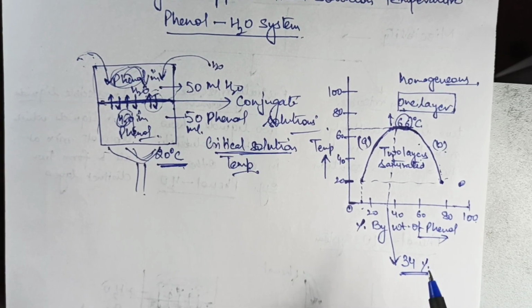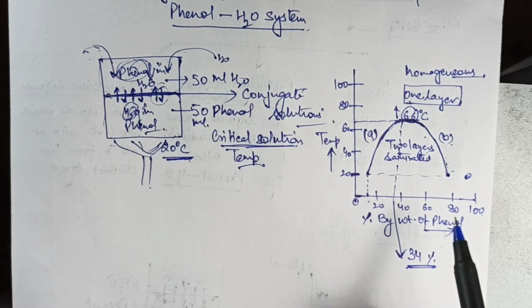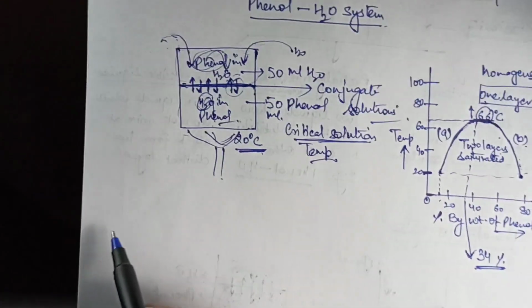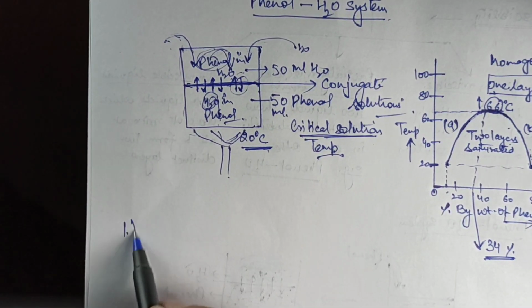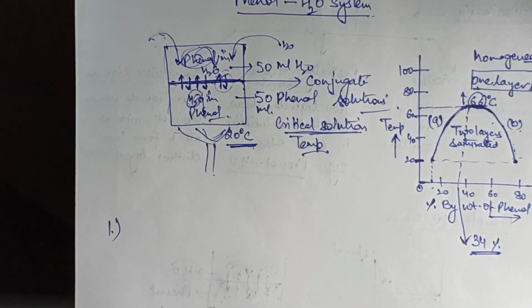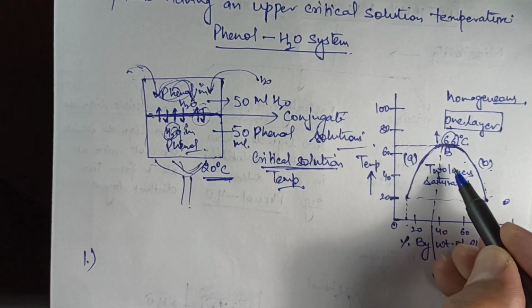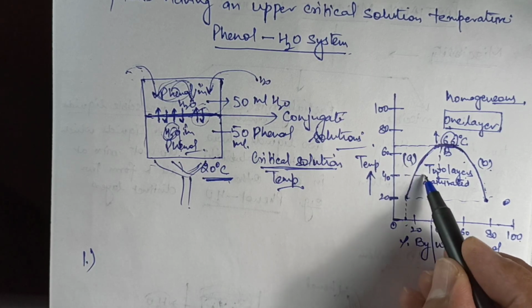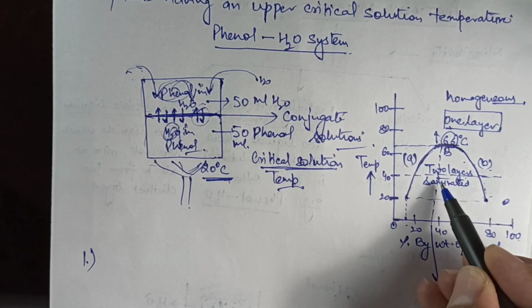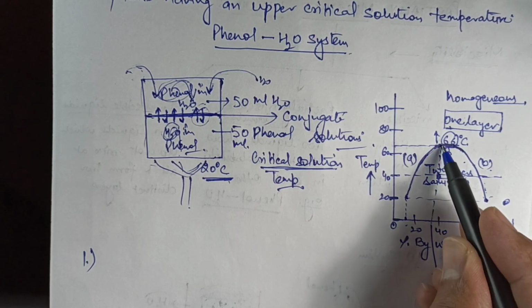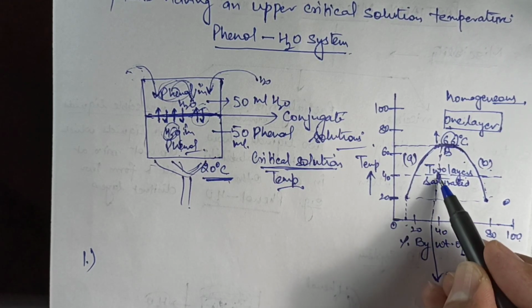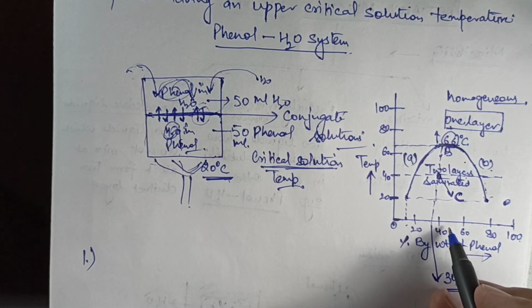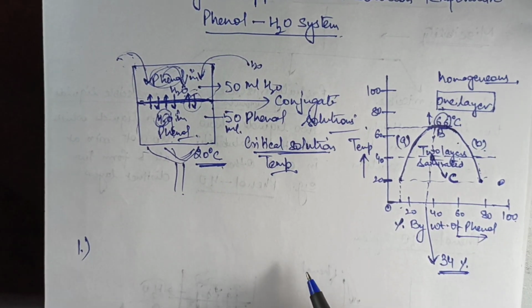So what features does this solubility curve show? I am writing them here one by one. The point B here, and we have a point C here. I am drawing a line from 40 degrees Celsius, and the point where the two lines intersect is known as the point C. Let me explain all these points.